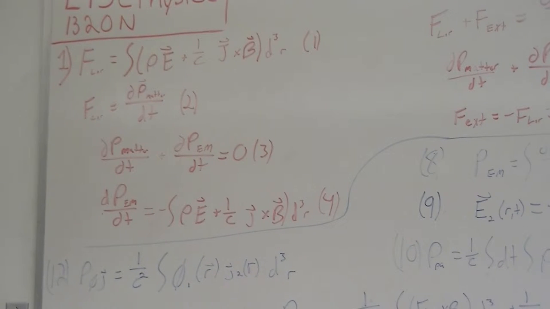This equation shows the electromagnetic field exerts force on matter via the Lorentz force, which is equation number 1 up there at the top. The second equation, right below the first one, is just a simplified form of equation 1 if there's no other force acting on the matter.